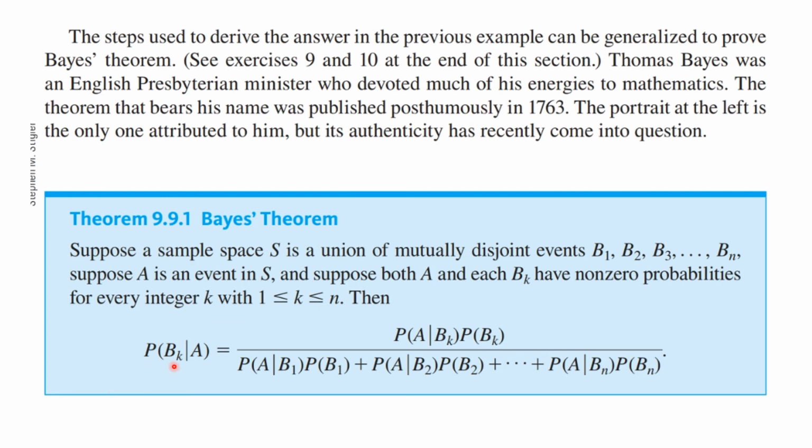Then the probability of Bk given A is the probability of A intersect Bk, but we write it this way: the probability of A given Bk times the probability of Bk, that's the definition of the intersection that we talked about, divided by all of these potential probabilities, where we have the probability of A given B1 times the probability of B1, plus the probability of A given B2 times the probability of B2, all the way up to this.